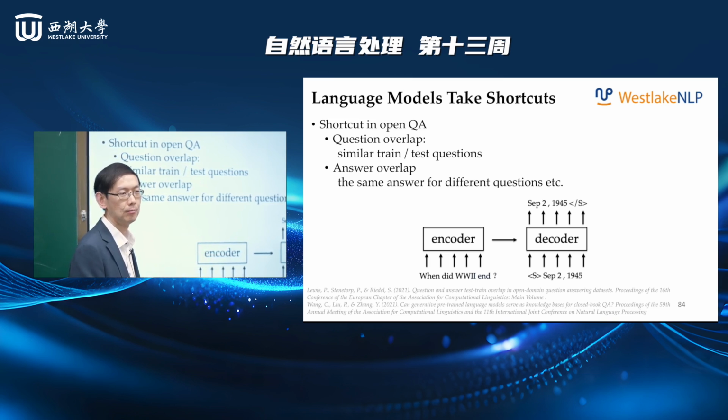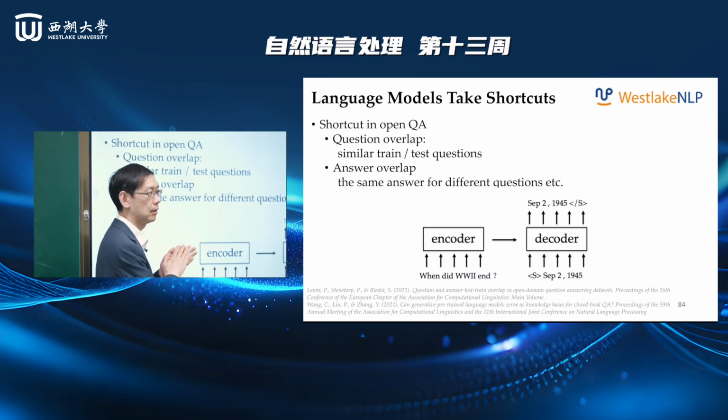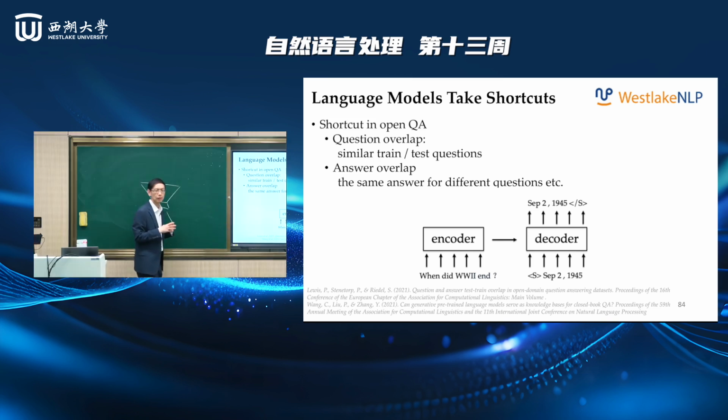Maybe the question is a paraphrase of the training question, or maybe an answer is exactly the same as a training answer. So these overlaps occupy a large proportion of the questions that the model answered correctly, which leads to people wondering, are the models really doing the correct reasoning?